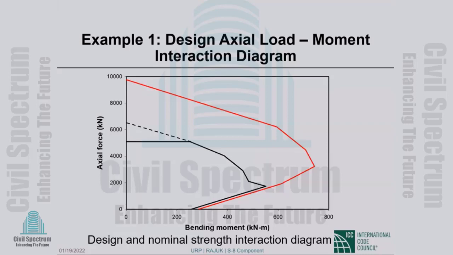That typically is not done. In any case, even at the same spacing, the spiral would be more effective. It's continuous. The continuity itself helps in making it more effective. And this is why we give spirally reinforced columns a little bit of a better phi value than tied columns.